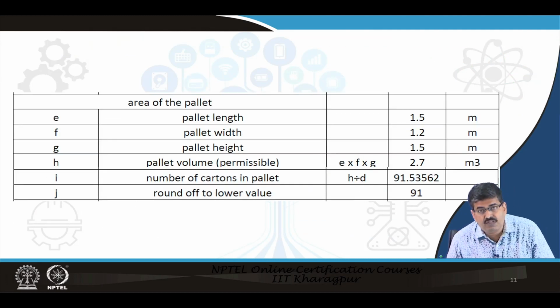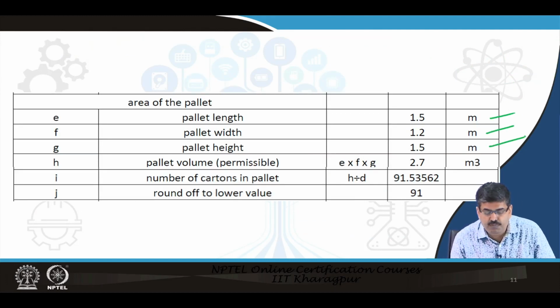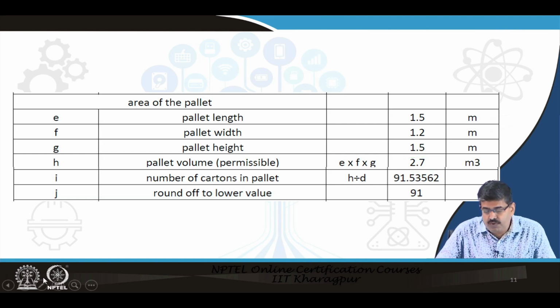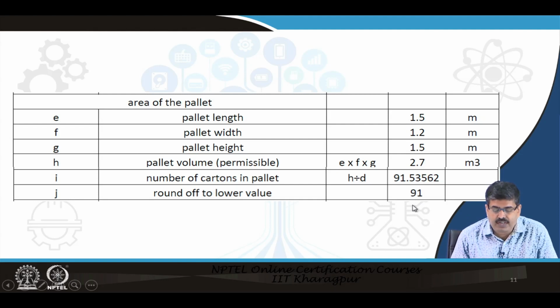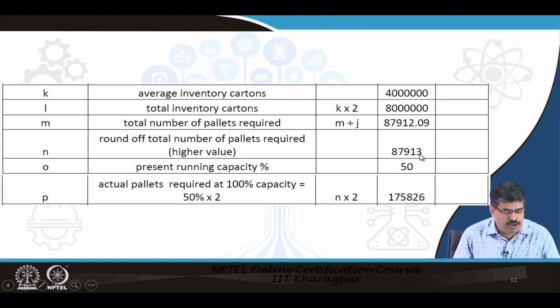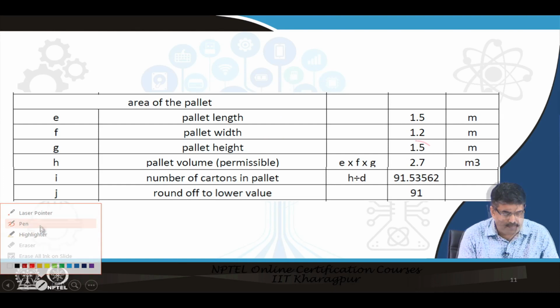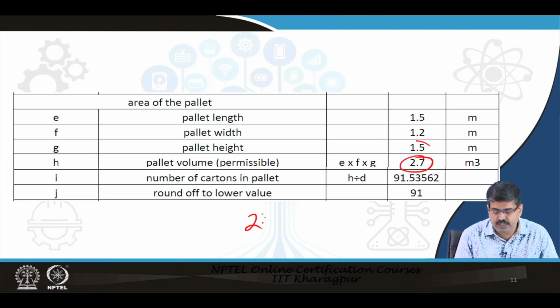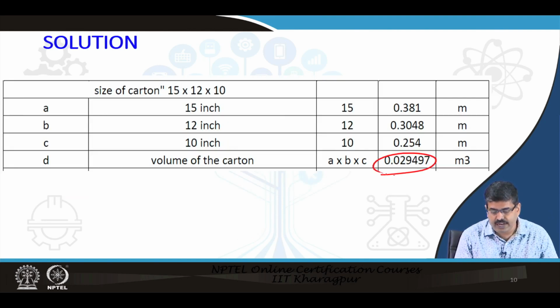Now, area of the pallet, pallet length, pallet width, pallet height. So, pallet volume is 2.7. So, what we said was that the number of cartons in a pallet will be 91.53, because this was the pallet volume. This 2.7 has to be divided by 0.029.